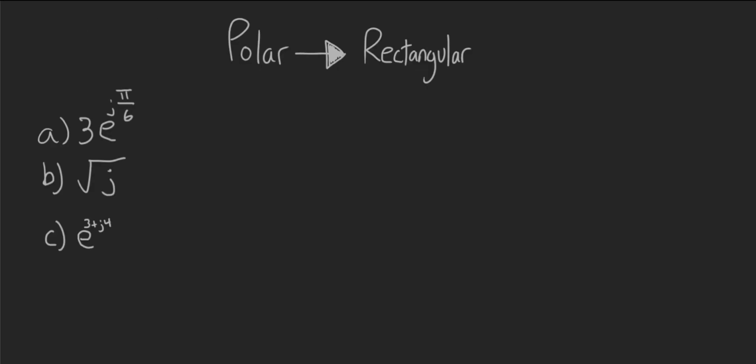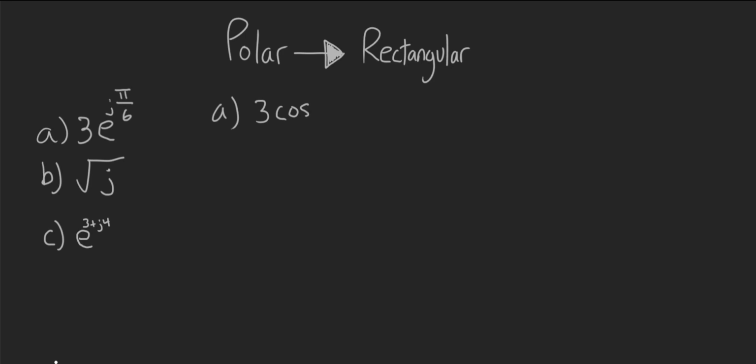For this next set of problems, what I want you to do is to convert these polar form expressions into their rectangular form equivalents. Pause the video if you need to work on the solution. So let's start working on a solution for part A. We can write it out this way to obtain an expression for the real and imaginary part in rectangular form from the polar form.